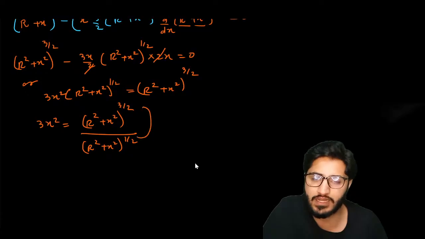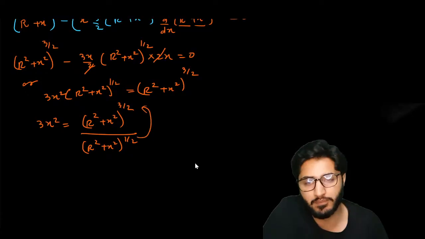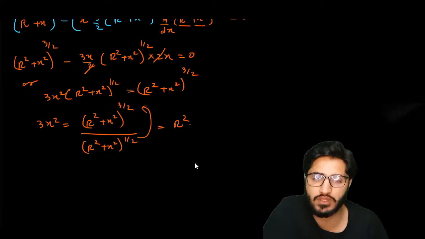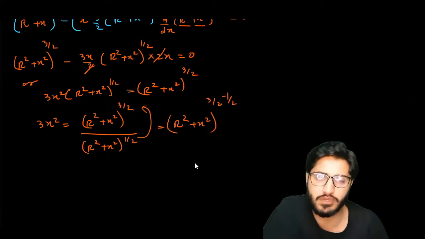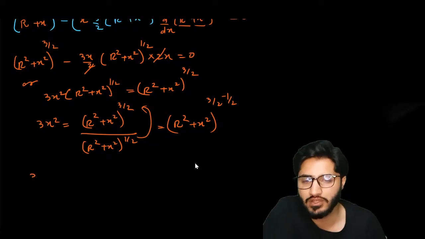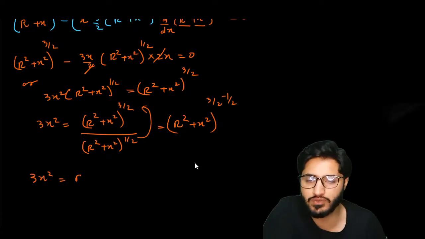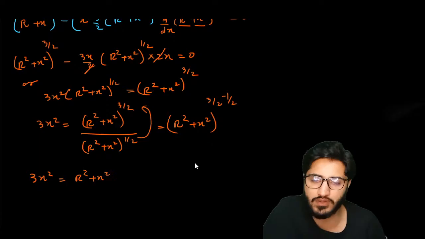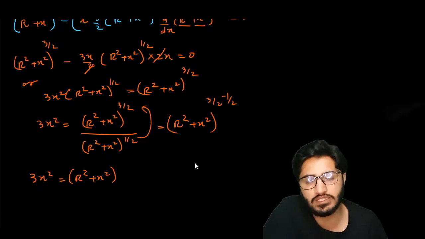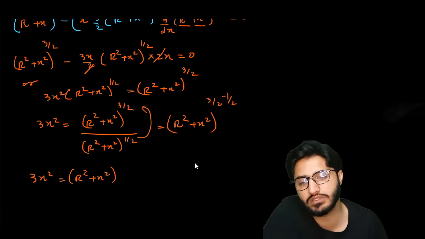I will take it upside, it will become negative. So it would be (r square plus x square) to the power 3 by 2 minus 1 by 2, which would be 2 by 2, that is 1 only.